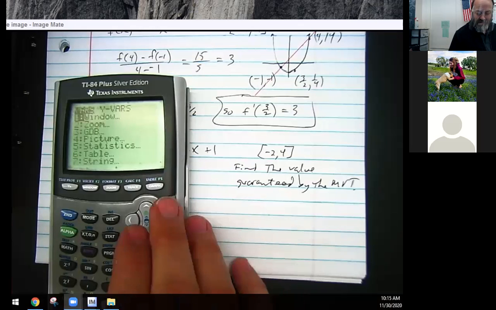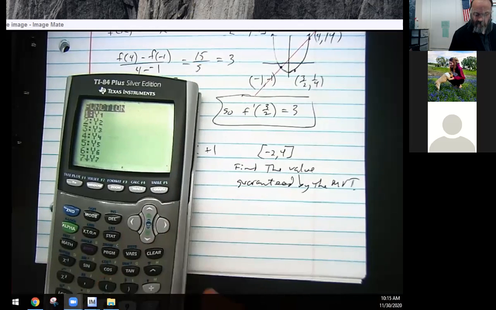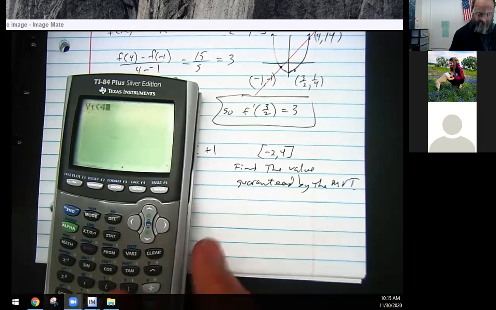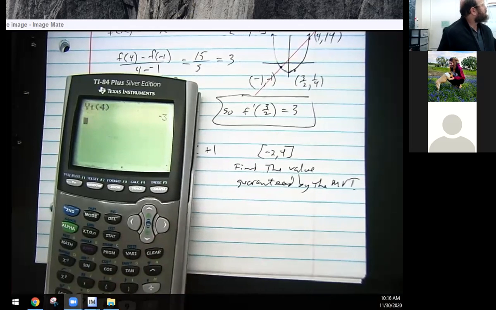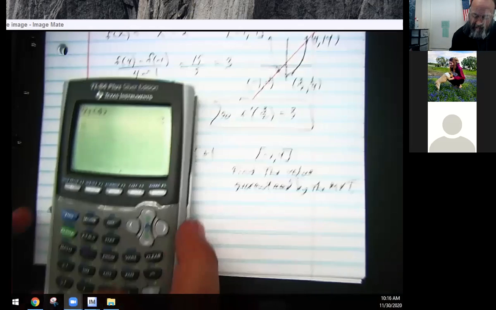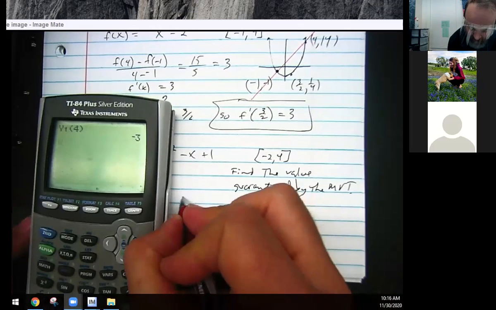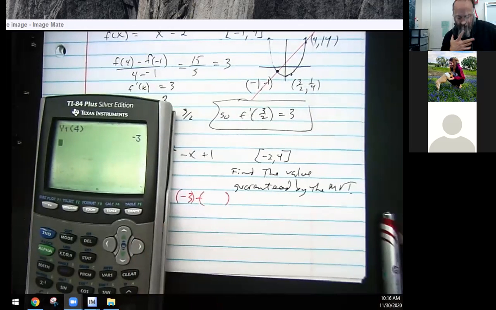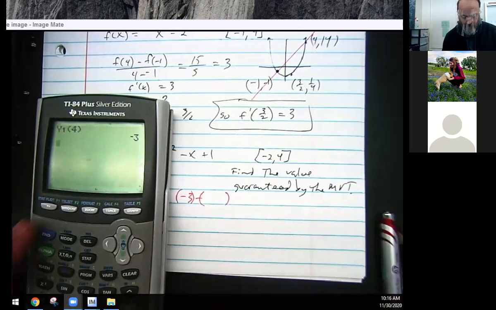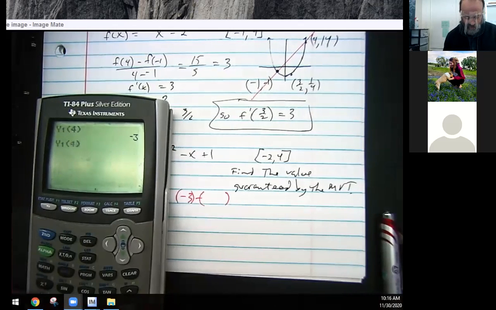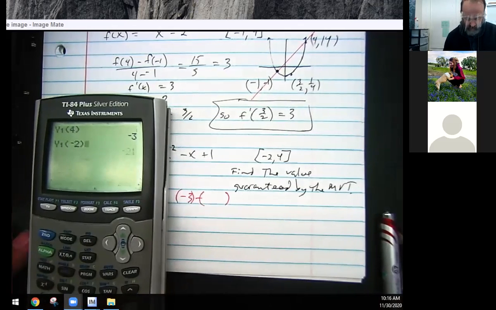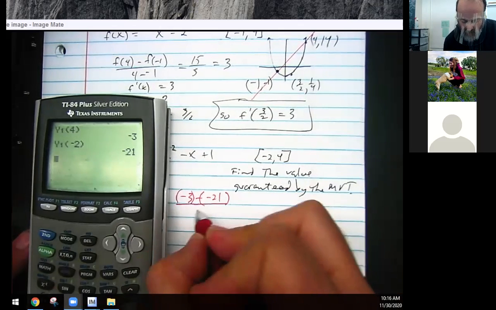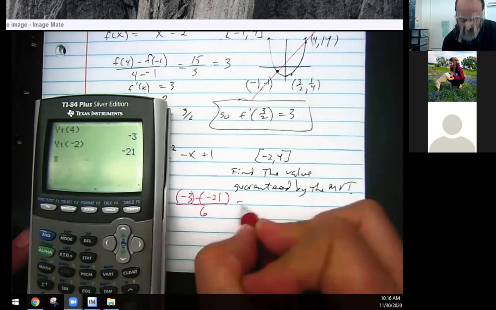Let's do vars. Y var is y1 of what? Of 4. Let's find out what y1 of 4 is. When I did this one, I got -3. I'm supposed to subtract the value when I plug in -2, and I got -21 all over 4 minus -2, which is 6.